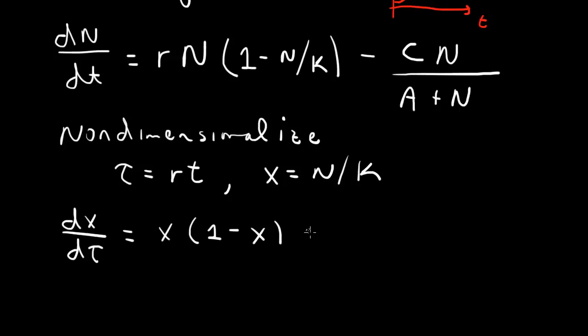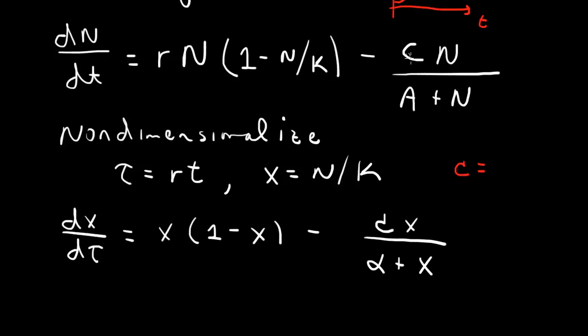And then this term here will be a non-dimensional c times x over a non-dimensional a, which is alpha plus x. So here, if I do this in red, this little c is going to be non-dimensionalized big C.